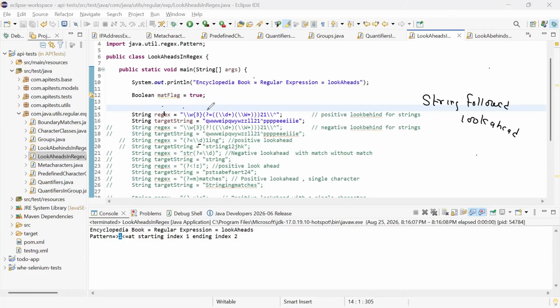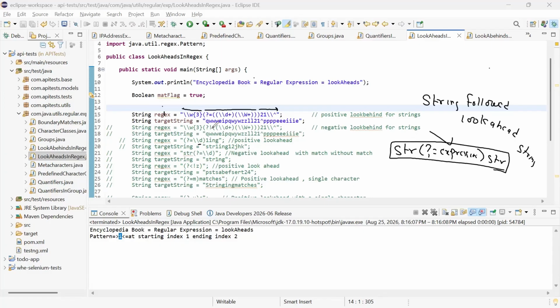Am I correct here? You see, there is a proper string here, followed by a lookahead, and after the lookahead we also have a string. So we have a string, then a lookahead expression, and then a further trailing string. These are the examples we have.